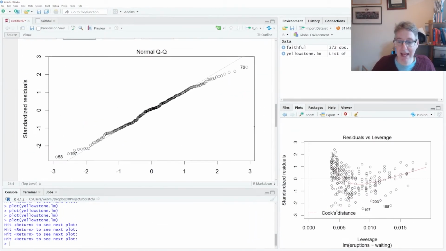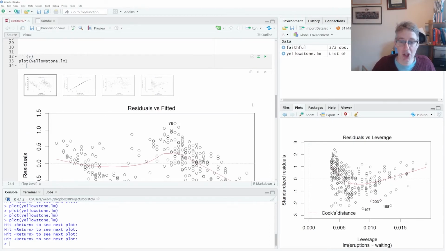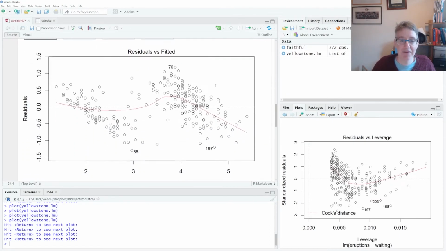So if we look back at our first plot, we should see that our residuals, which are related to the errors we've assumed, are always on average the same distance away from the mean.